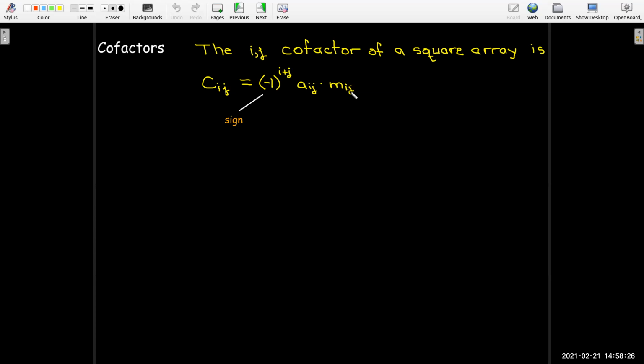So again, we're going to have a sign which will be positive or negative depending upon if i plus j is even or odd. We'll multiply that times the entry in the ith row and jth column, and then multiply that times the minor associated with that entry.